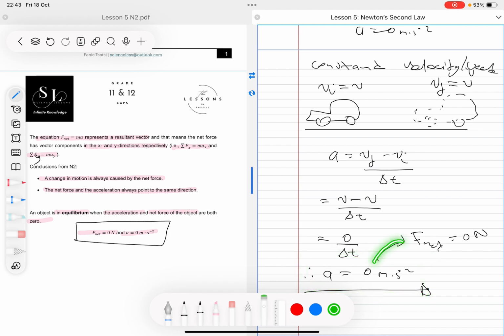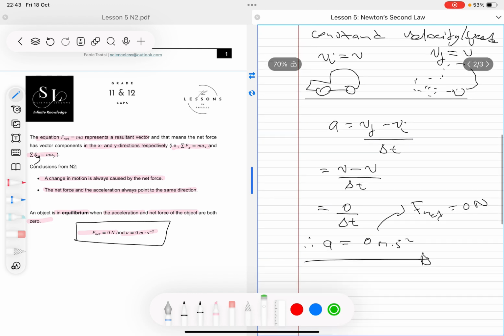And if the acceleration is 0, from Newton's second law we know that the net force will also be 0, right? Even Newton's first law assists us to explain this, because we said in Newton's first law that an object will remain moving at a constant velocity on a straight line unless acted on by an unbalanced force.